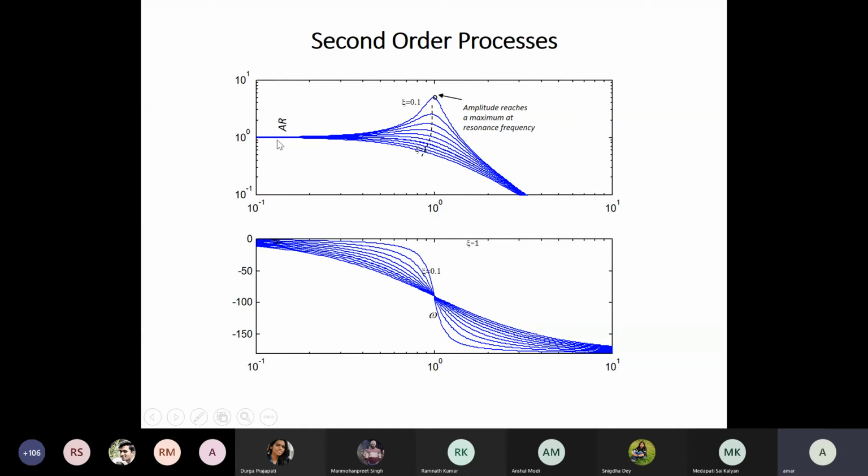Whereas in an underdamped process, the amplitude will increase up to a point, and then it decreases. Finally, it reaches a slope of -2.